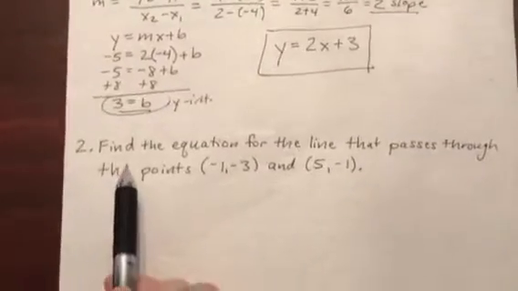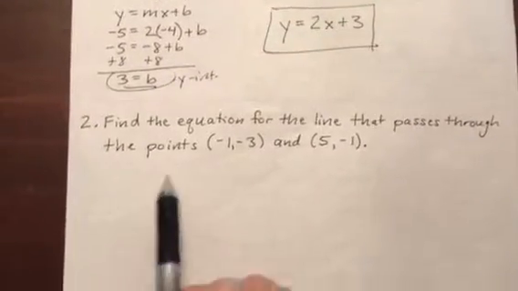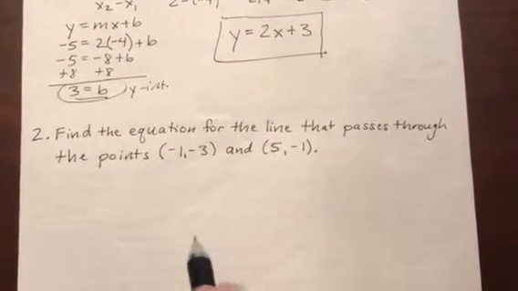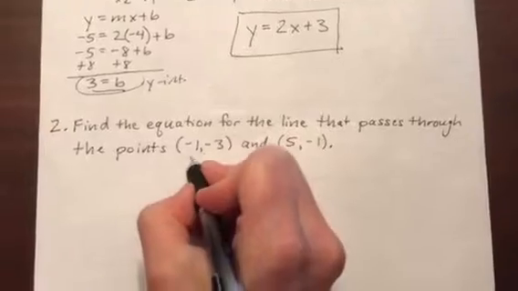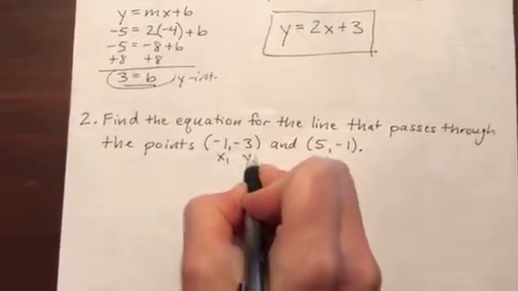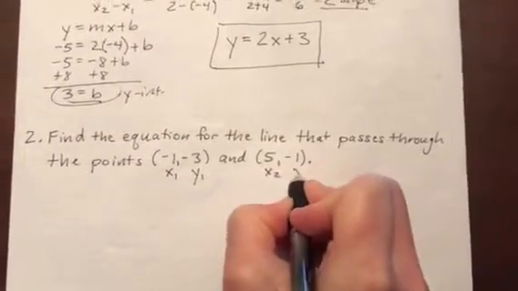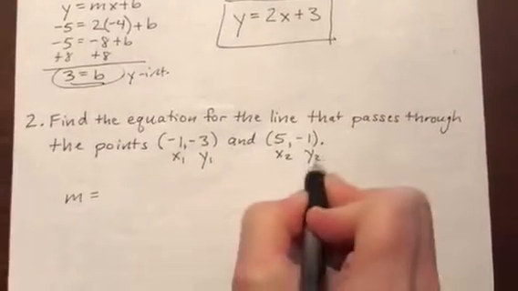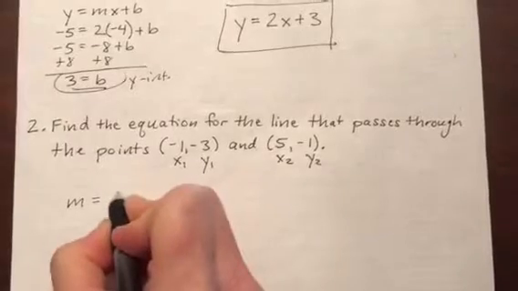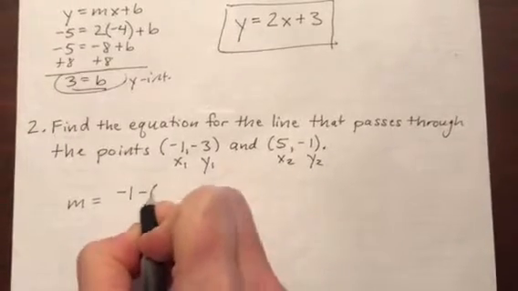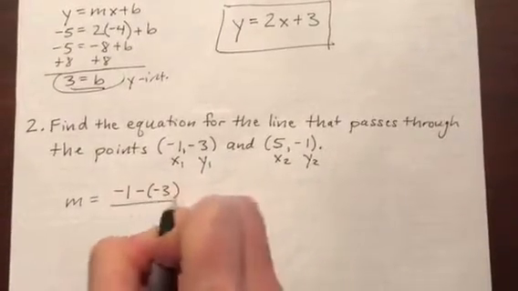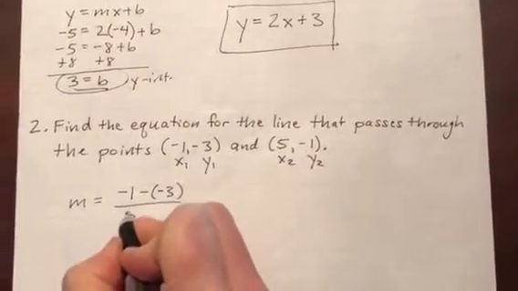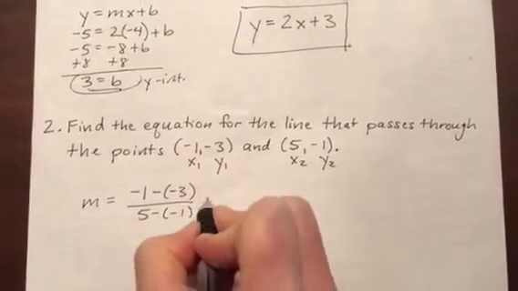Our second example says, find the equation for the line that passes through the points (-1, -3) and (5, -1). All right, so again, we can start with this being (x1, y1) and (x2, y2), and put these into our slope formula, subtract the y's on the top, -1 minus -3, and then subtract the x's on the bottom, 5 minus -1.